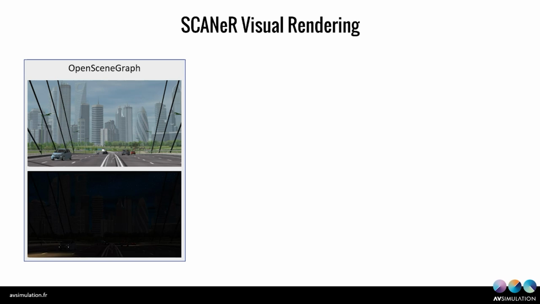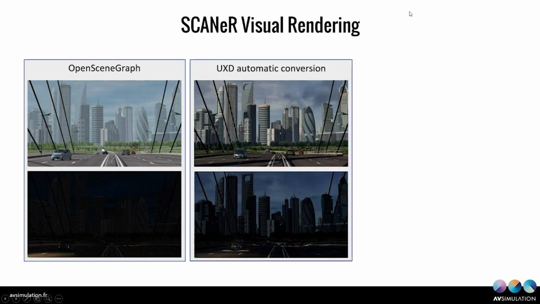And in 2021, we developed a new visual rendering process, which is Unreal Engine. And through an automatic conversion, we can use all the assets that are available on OpenSceneGraph. We can convert them and use them in our Unreal Engine-based visual renderer.